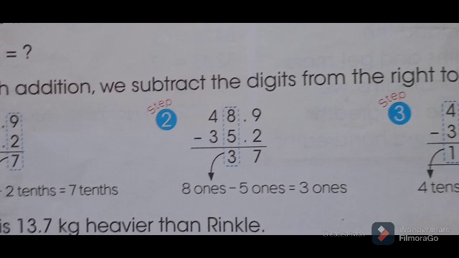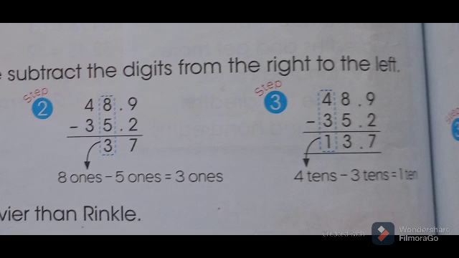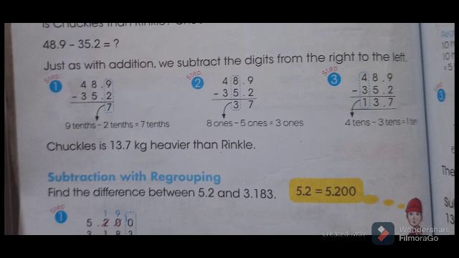Then we will subtract ones. 8 minus 5, 3. In step 3, we will subtract tens. 4 minus 3, that is 1. Chunkle is 13.7 kg heavier than Wrinkle.